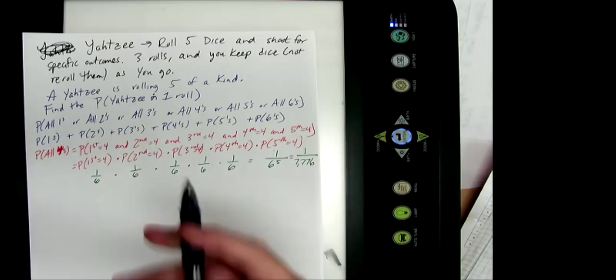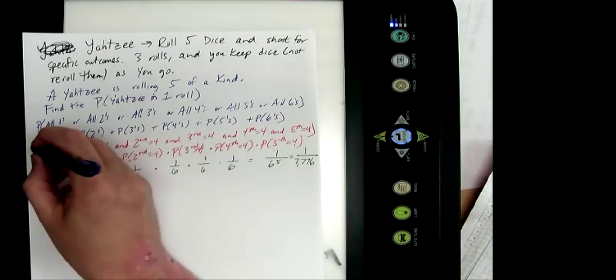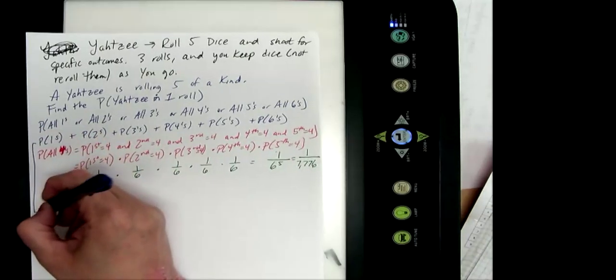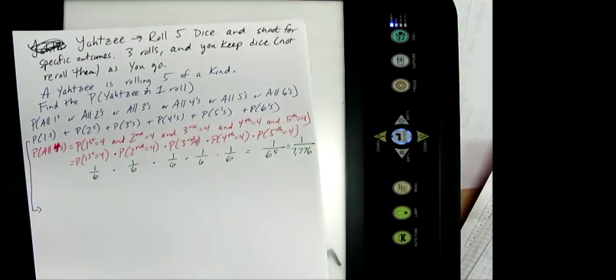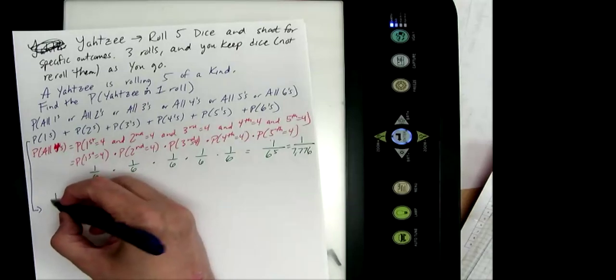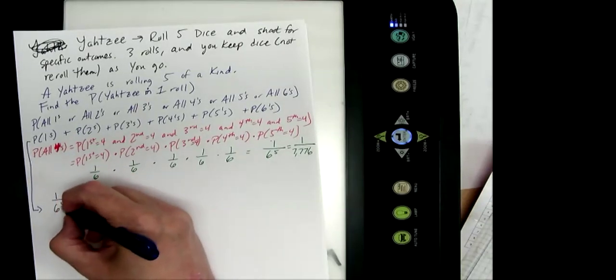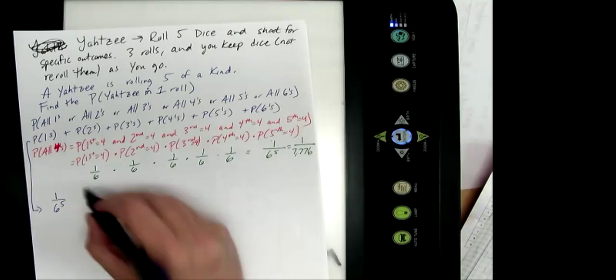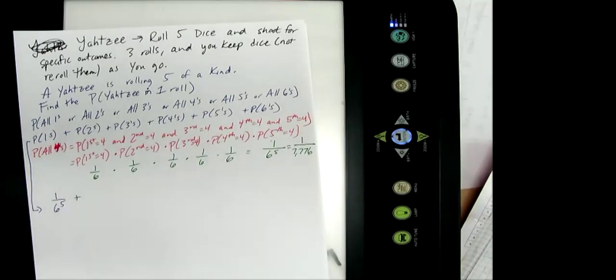So let's circle that, that was just one Yahtzee. But all the Yahtzees have the same outcome. So the probability of all ones is 1/6 to the fifth, and I'm writing it that way because it takes less writing than 7,776.